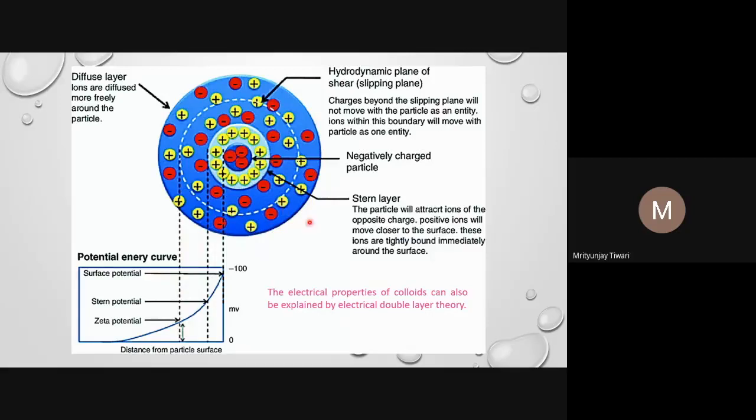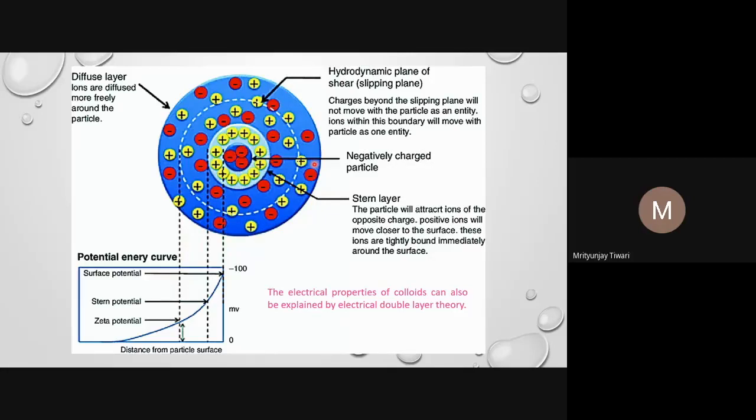And also, the distance between two particles will increase because of this diffuse layer, because colloidal particles with a double layer cannot move closer than this layer. If they don't move closer, the distance between these two particles will be larger, and so the relatively shorter range forces, like the dispersion forces, will not be in effect.